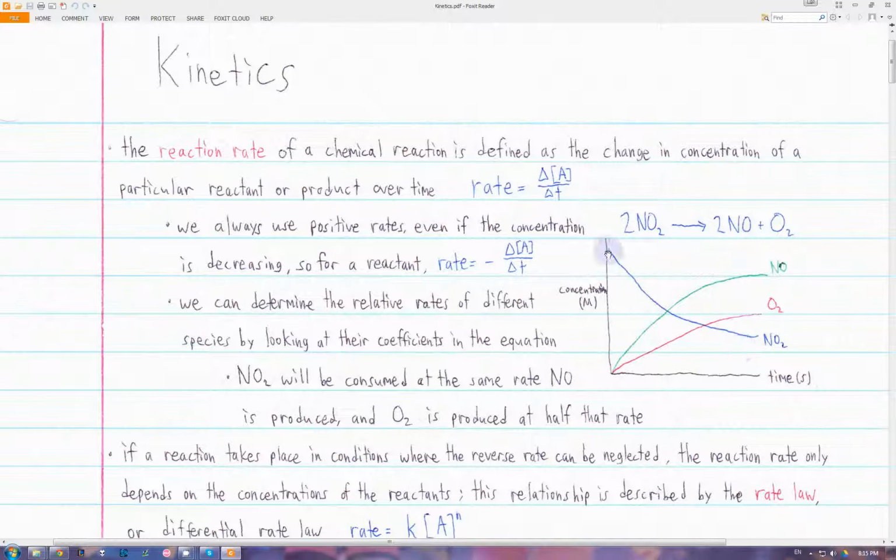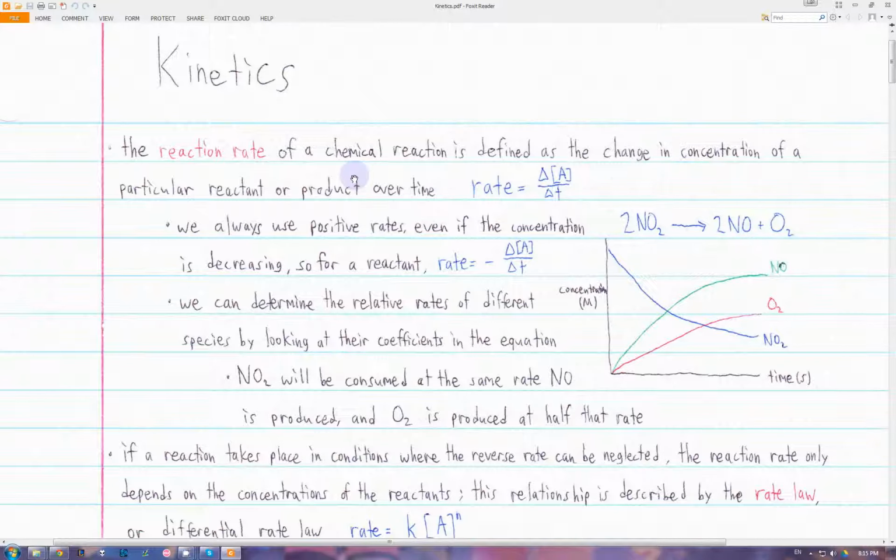As you can see, NO2 is a reactant, so it starts out at a high concentration and then gets lower over time, whereas the products, NO and O2, get higher over time. And NO gets higher faster than O2 because, as you can tell from the coefficients, the NO is being produced at a rate double that of O2.